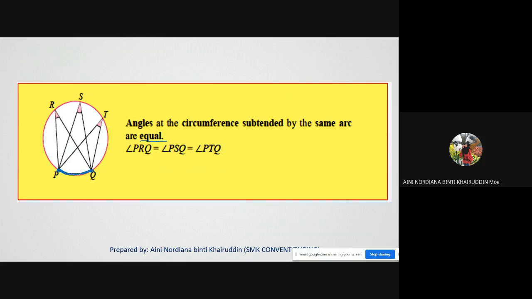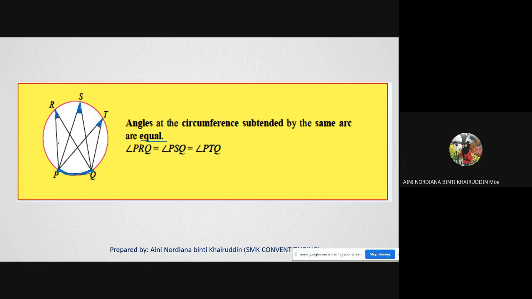From the same arc PQ, there are angles at the circumference which are R, S, and T. All of these angles have the same value because they are from the same arc PQ.